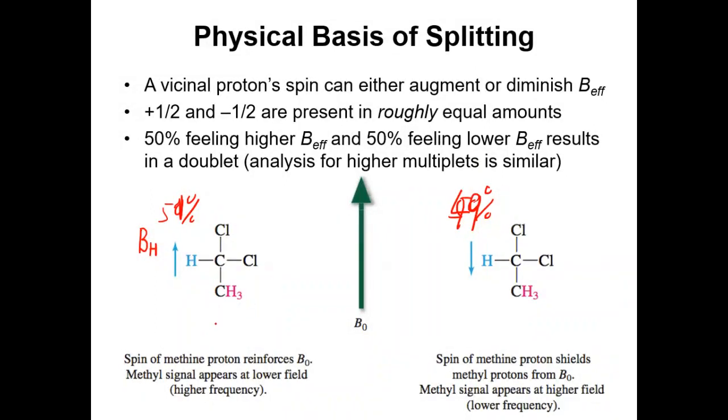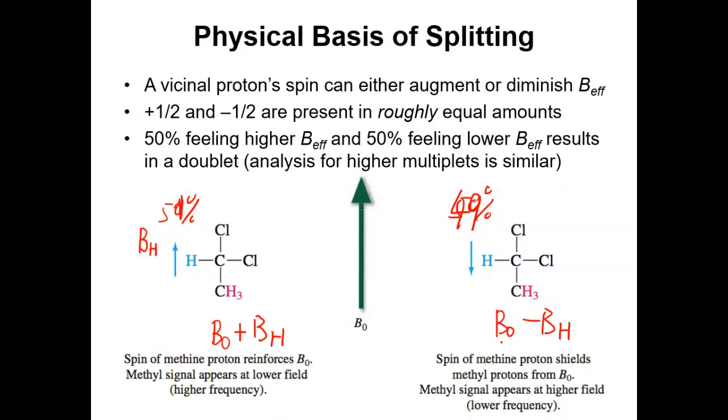In this case, the field experienced by the 3 red protons is B0 plus BH, because this field is parallel to the external field. So in addition to feeling B0, they also feel this BH. And obviously, in the right side case, the field experienced by the red one is B0 minus BH.